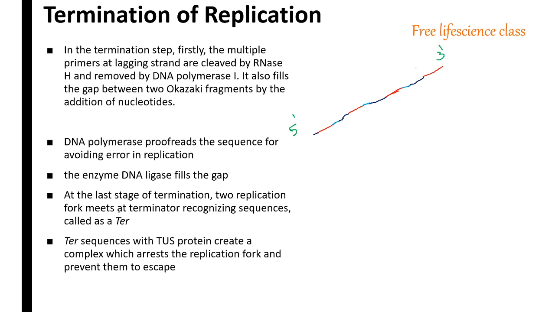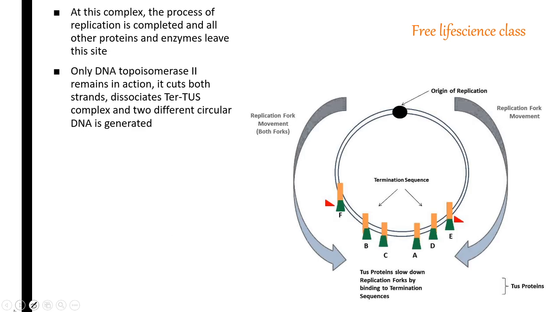Okay, so there are certain Ter sequences, that is termination recognition sequences, and the Tus protein, which help in stopping the DNA replication.